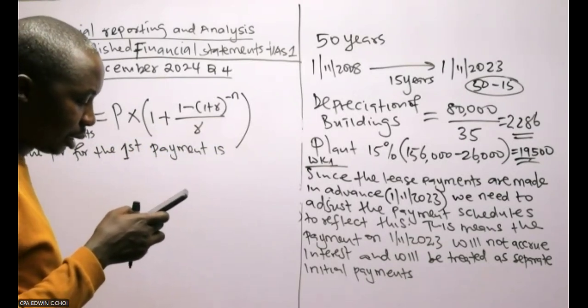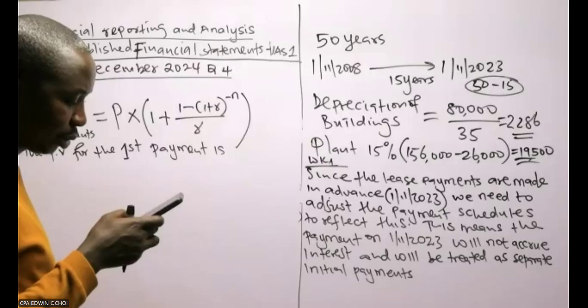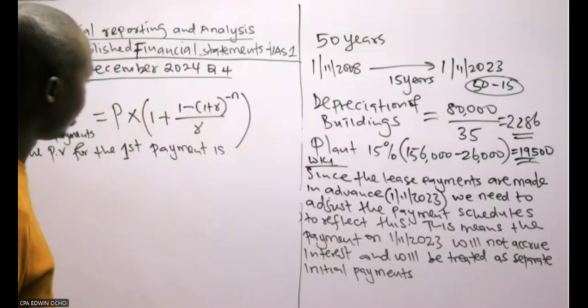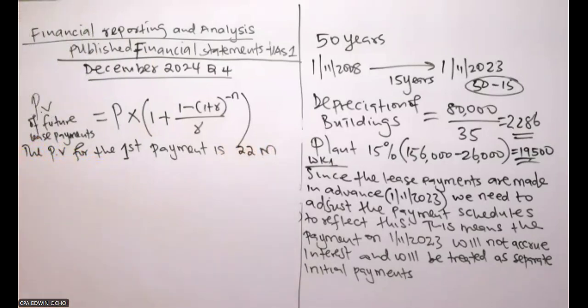The annual rental, payable in advance with effect from 1st November 2003, was 22 million. The present value of the first payment is 22 million.